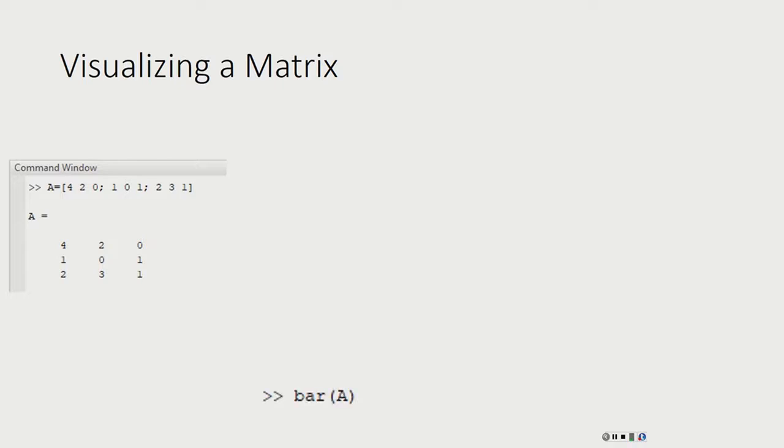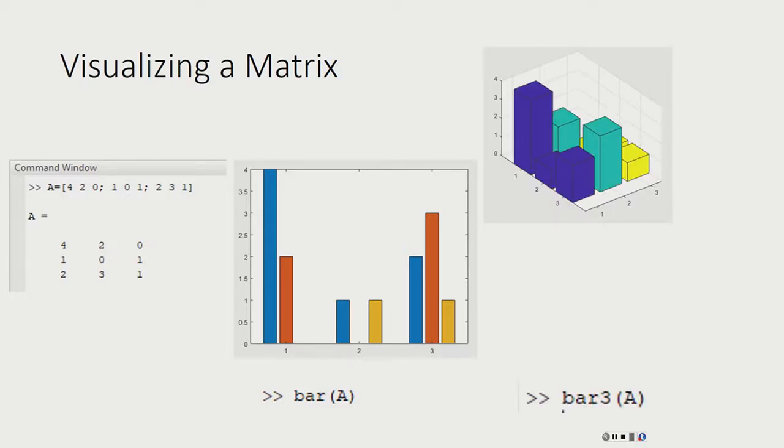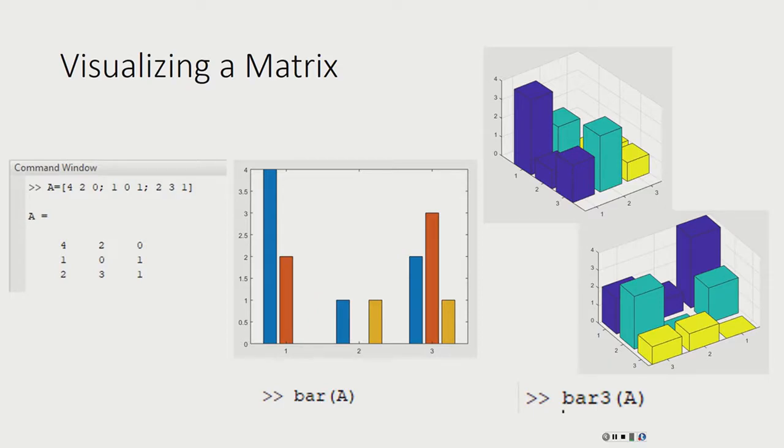So 2 that I found that actually give you something meaningful are bar of A, which gives you a nice bar graph showing all your values, and bar3, which gives you a 3D representation. And here I just have it rotated in 2 different ways, just to show you.